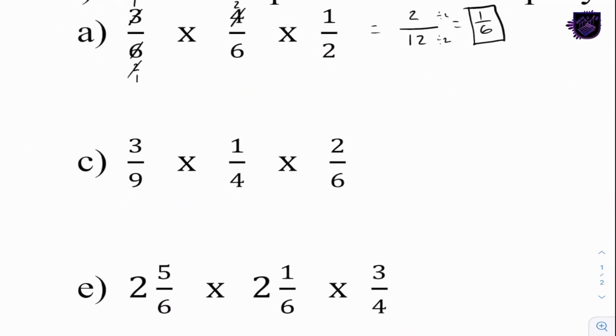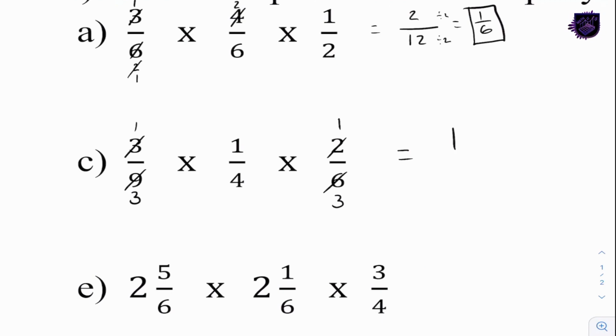9, 4, 6 on the bottom, 3. Okay, so let's simplify this one. This is going to be 1/3, and this can be 1/3 also. So the top number is going to be 1 times 1 times 1.